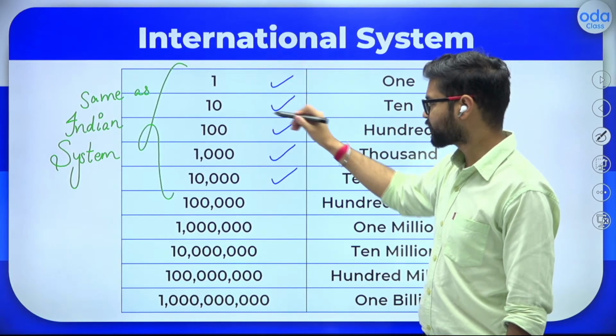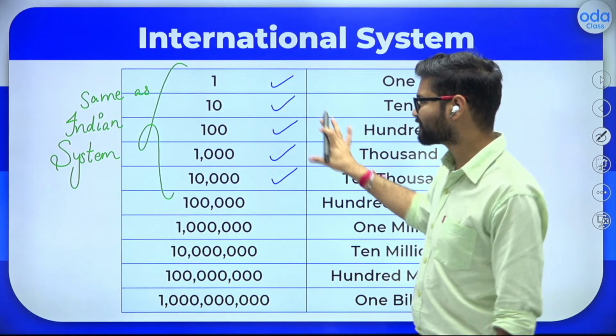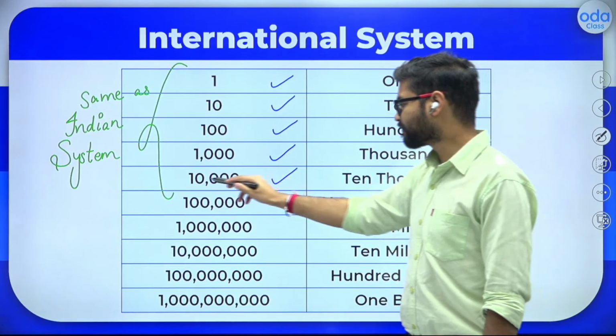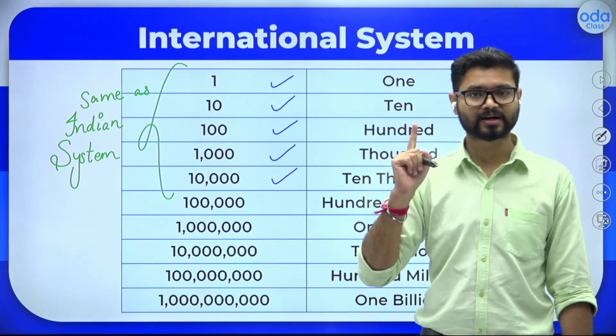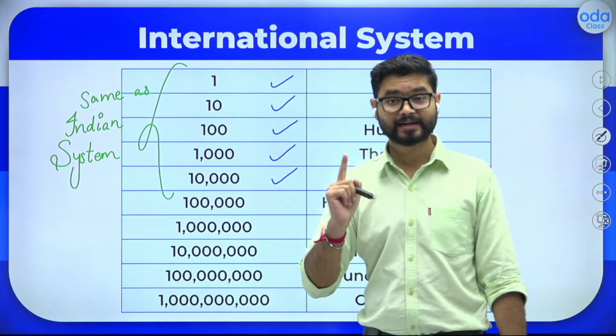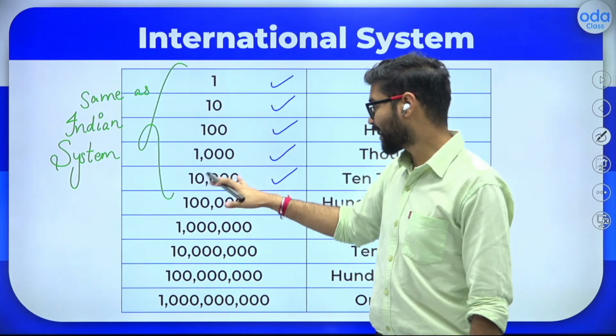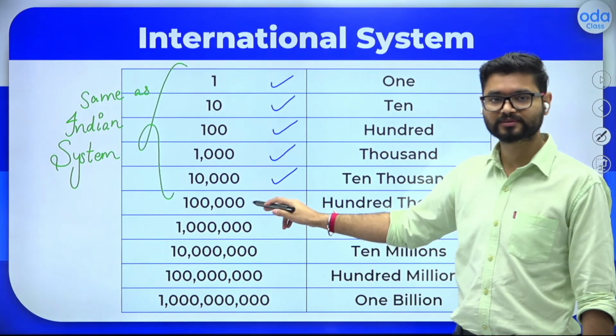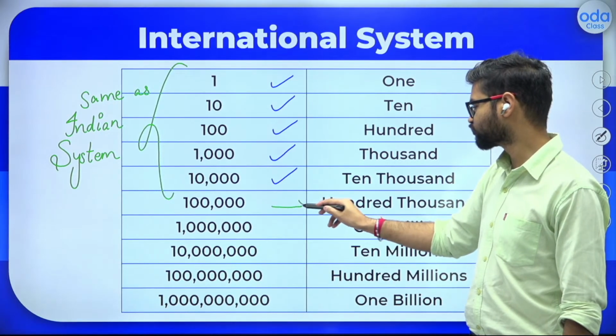So 1, 10, 100, 1000, 10,000 is the same as the Indian system. But after that, in India, after 10,000 we have 1 lakh. But over here, we have 100,000.